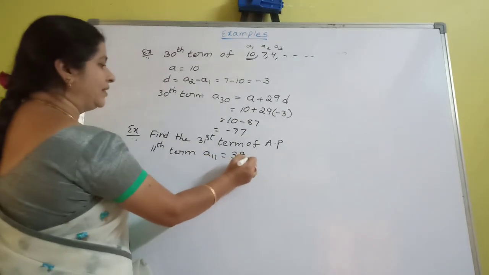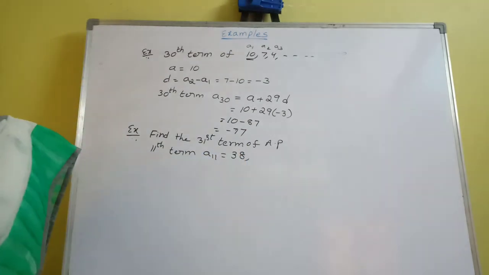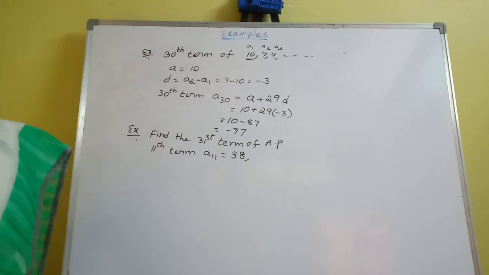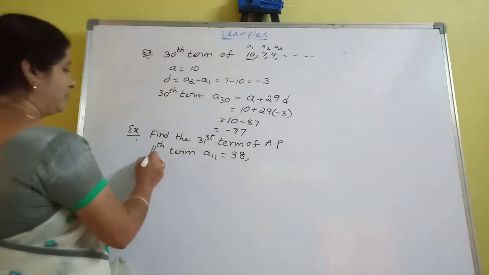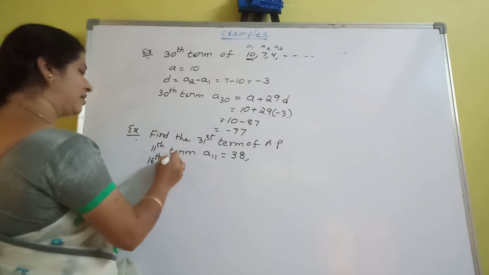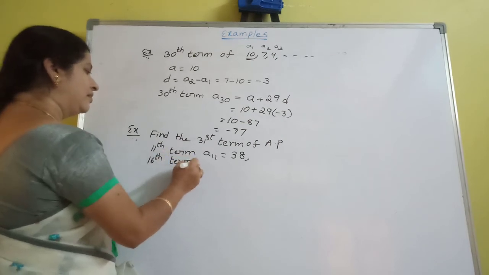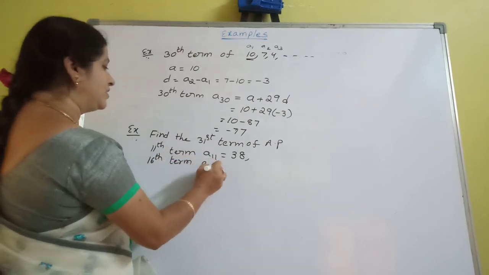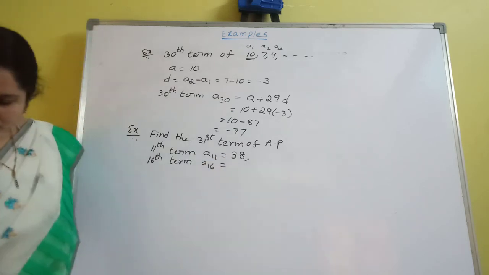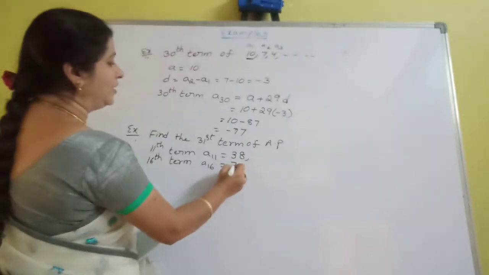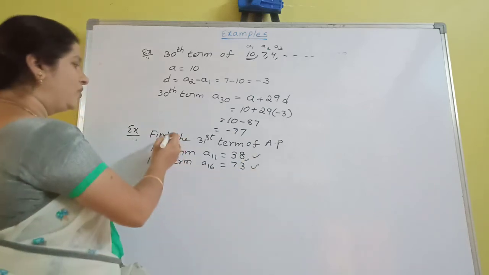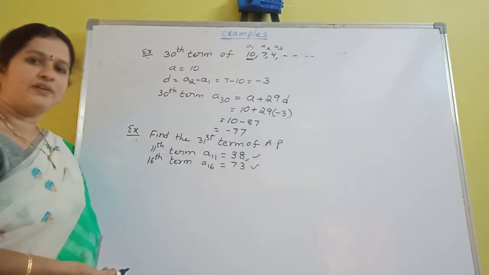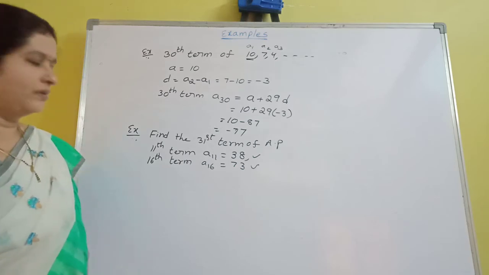A11 equal to 38. And the 16th term is also given. 16th term value is 73 here. So A16 equal to 73. By using these two conditions, you have to find the 31st term of the AP.